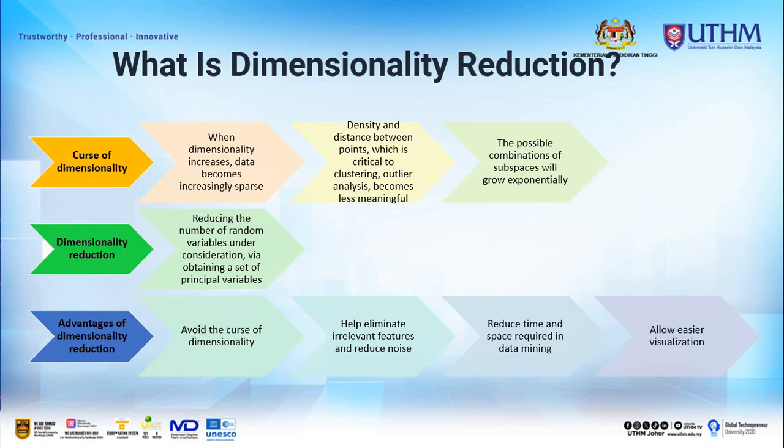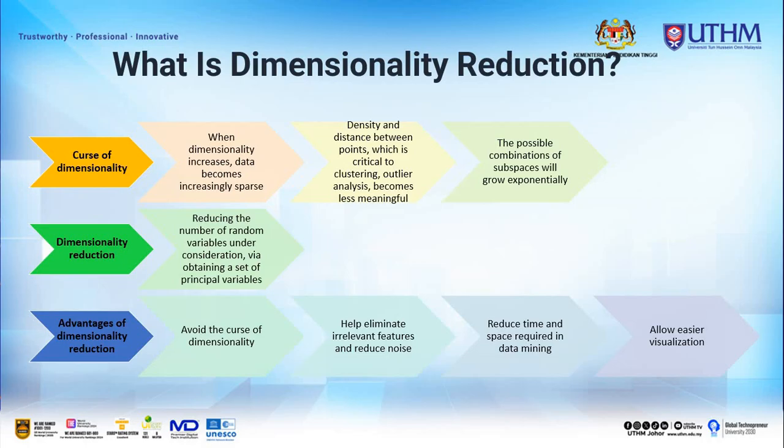So the density and the distance between points become less meaningful, which is critical for tasks like clustering and outlier detection. The possible combinations of subspaces grow exponentially, making the analysis computationally expensive and inefficient. So this is the curse of dimensionality.